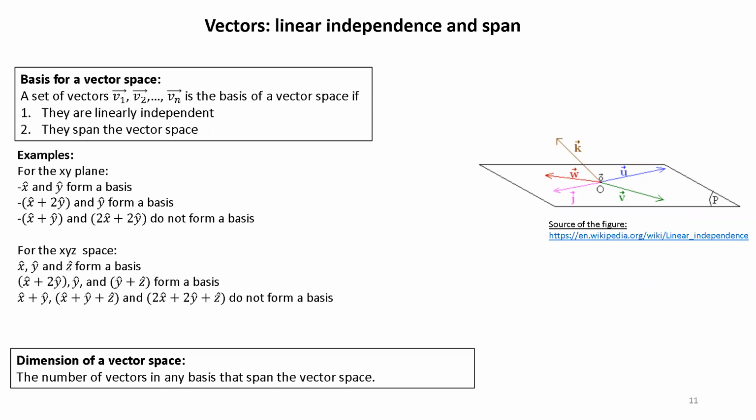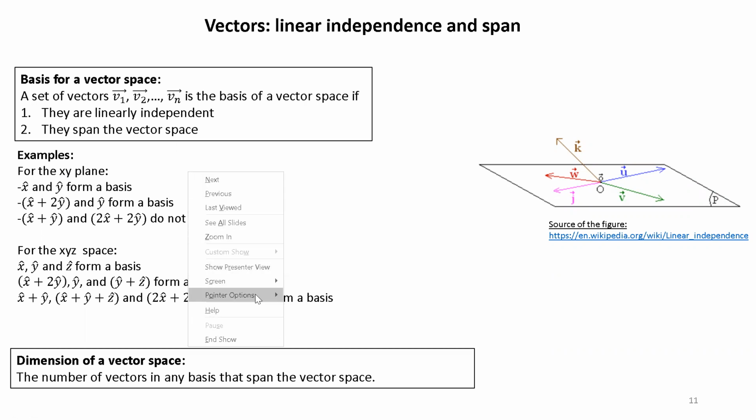Just like I said, if you have the xy plane, then x and y will form a basis, because x and y are linearly independent, and any vector in this xy plane can be expressed in terms of x hat and y hat.